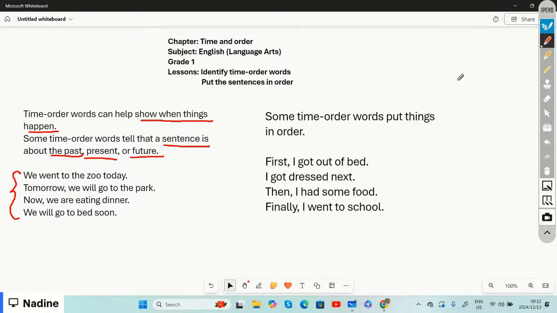And if you look at our time order word, we can say today is our time order word. It basically tells us when we went to the zoo. So today is our time order word. Another example says, tomorrow we will go to the park.